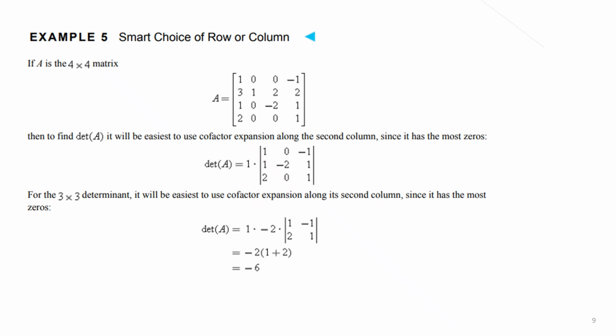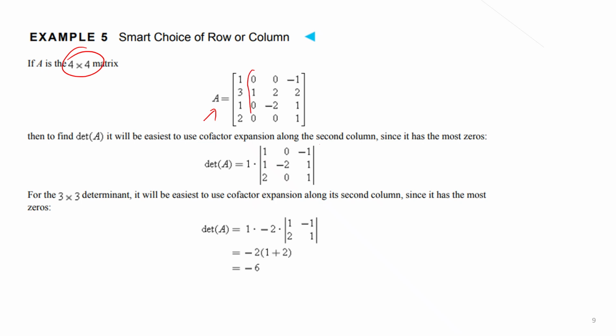You have a 4 by 4 matrix. Now you want to use cofactor expansion for calculating the determinant of this 4 by 4 matrix. In order to do that, of course you first need to choose the one that has the most 0s in this matrix.